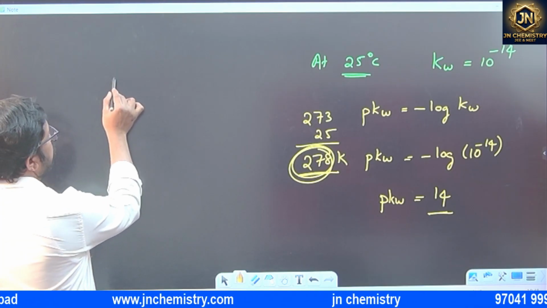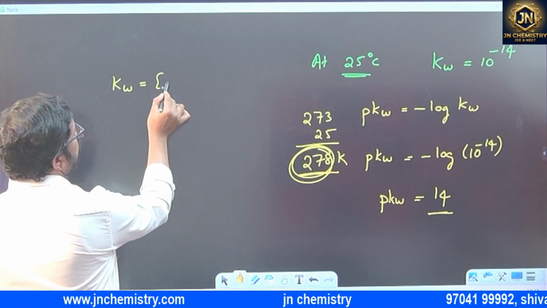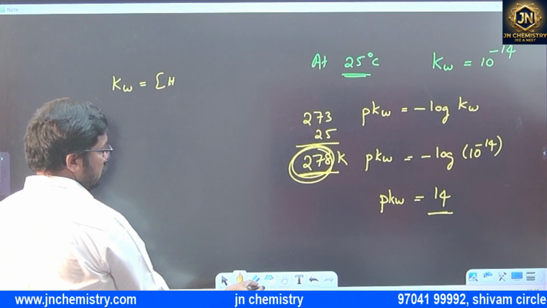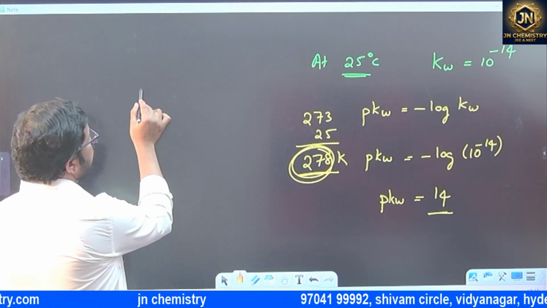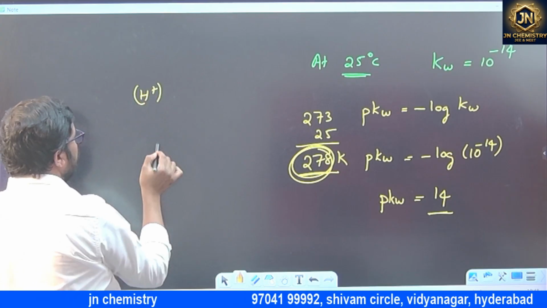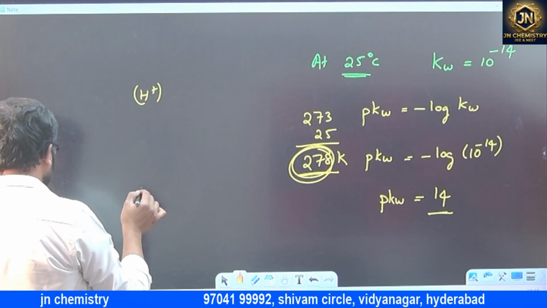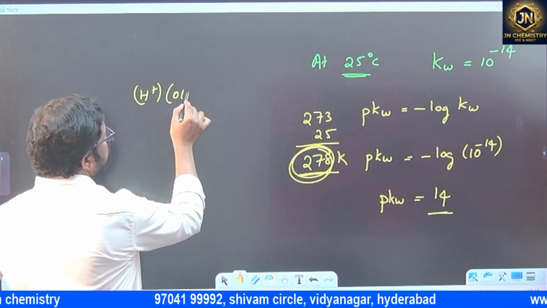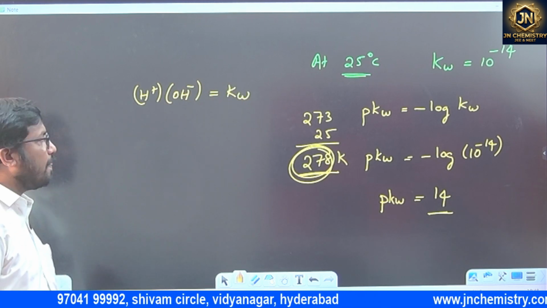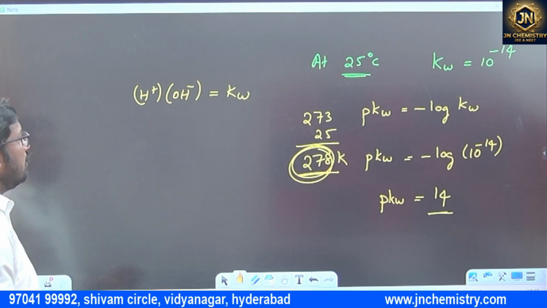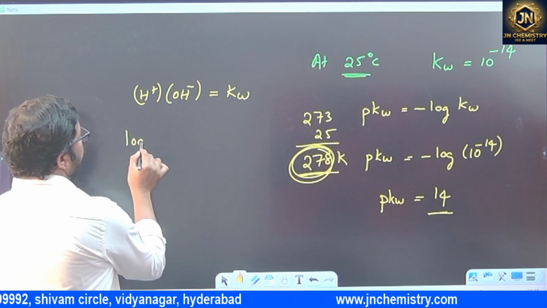So we know that KW is equal to H plus ion concentration times OH minus ion concentration. Can we say like this? H plus ion concentration and OH minus ion concentration is equal to KW. Yes or no? We'll apply the log on both sides.